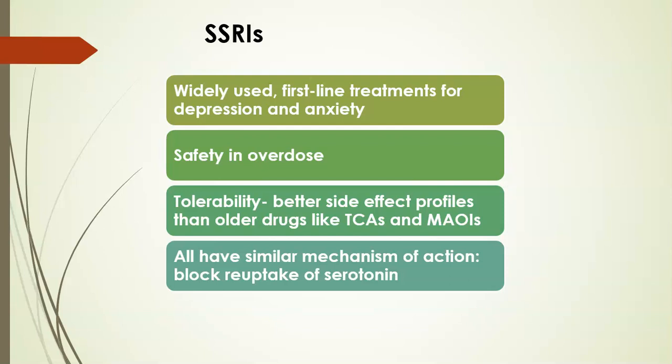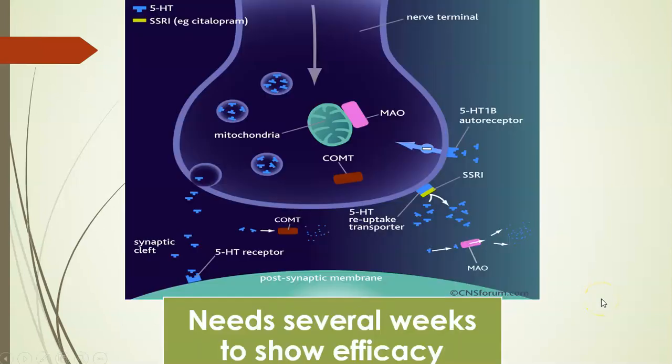So in theory it should be better tolerated, but in actual fact, it's about comparable. The main thing that sets apart SSRIs from the tricyclics and MAOIs is really the safety in overdose, particularly with tricyclics.